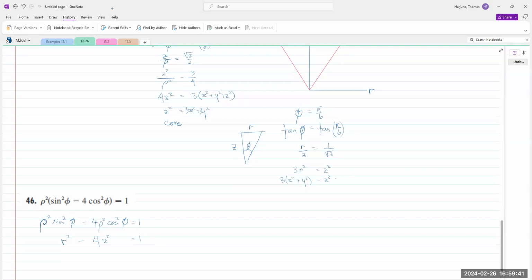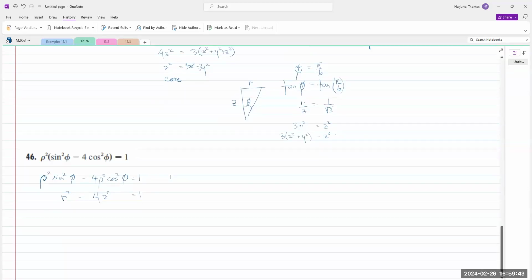Into polar. In rectangular, this will be x squared plus y squared minus 4z squared equals 1. From here, if we try to sketch that, if this is z and this is r, it will be something that looks like this.